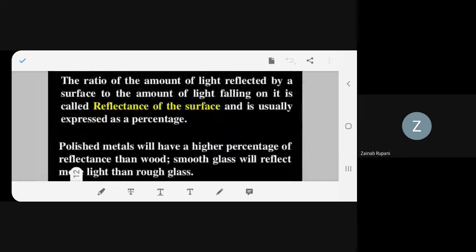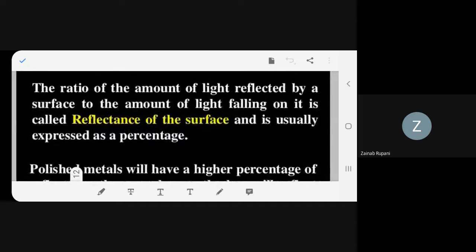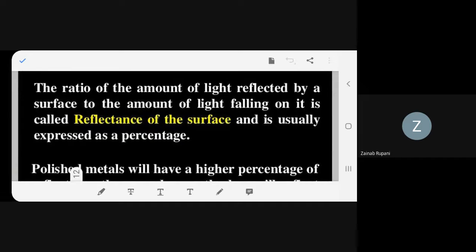You have to draw also. Remember that. The ratio of the amount of light reflected by a surface to the amount of light falling on it is called reflectance of the surface and is usually expressed as a percentage.